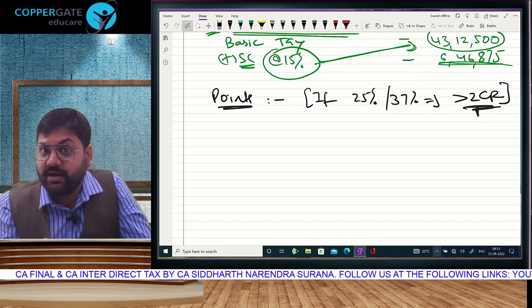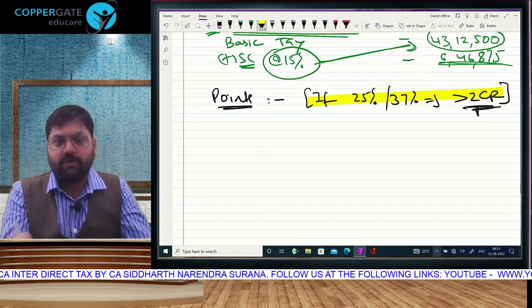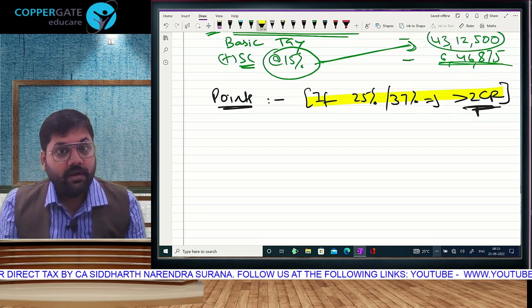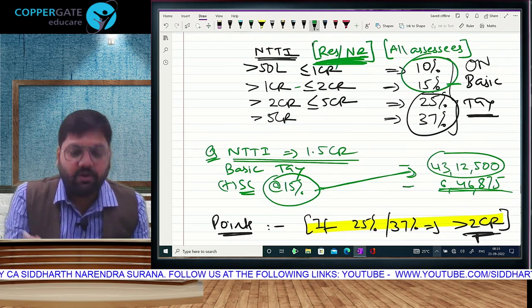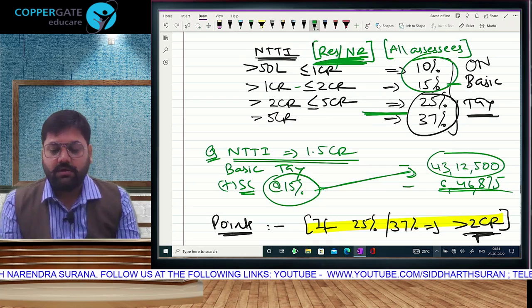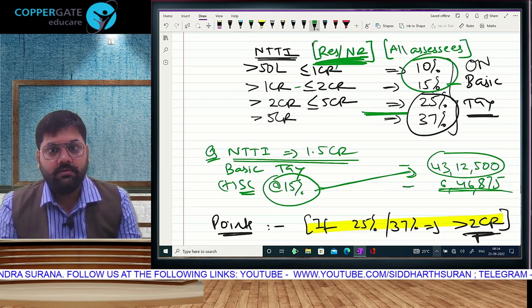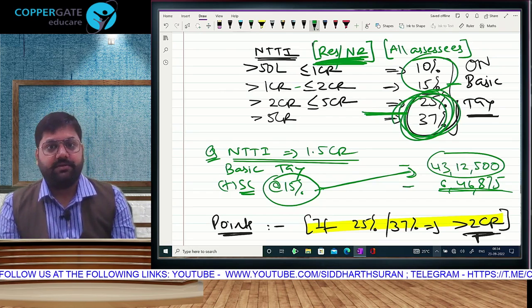Whatever I teach you under these 2 points, you will not understand if you are first not clear about this. Be clear. The existing surcharge in our country was 10 and 15. Suddenly auntie introduced 25 and 37. And these people raised an objection.